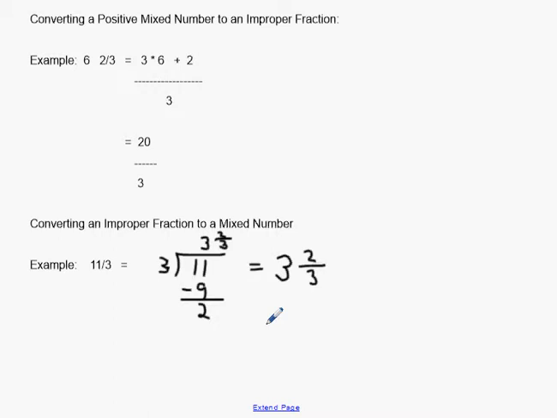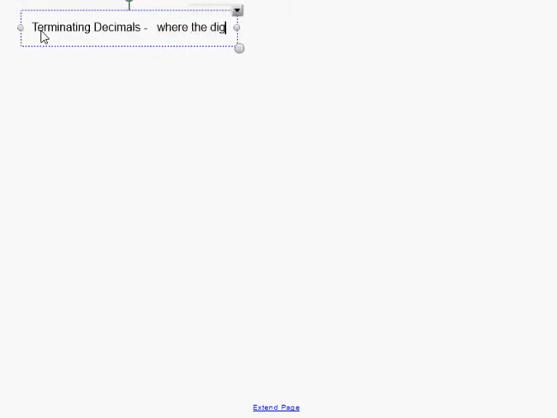Now, we have what are called terminating decimals and non-terminating decimals. Terminating decimals would be where the digits stop.